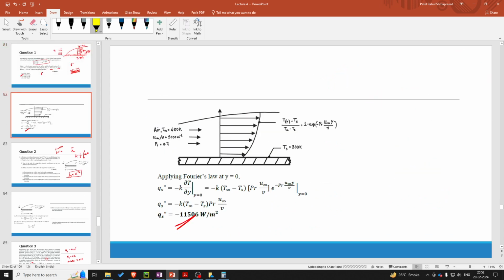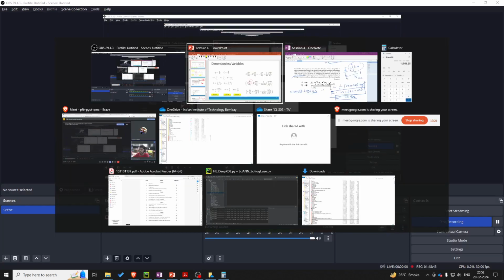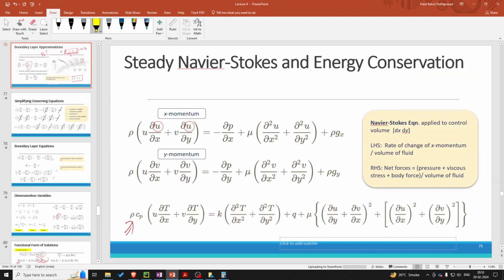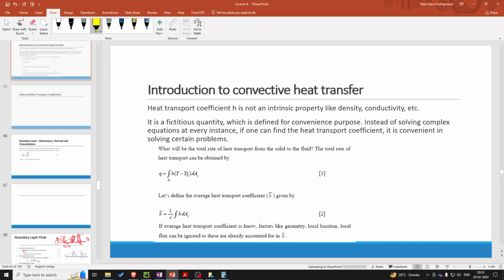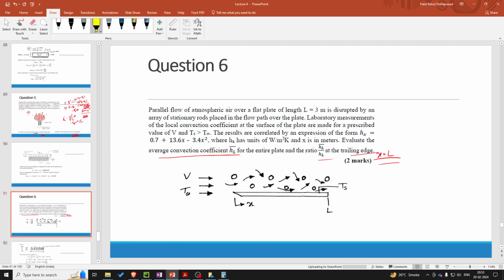And then there were a few questions related to the calculation of the heat flux. If you have any doubt, you can ask me. I will be here for a couple of minutes, or else we can end today's session. Yes, this was question number 6.